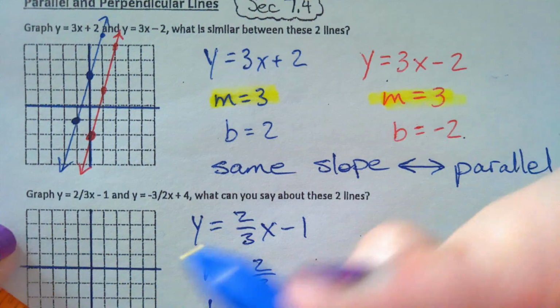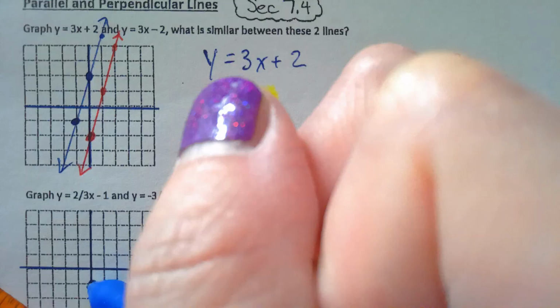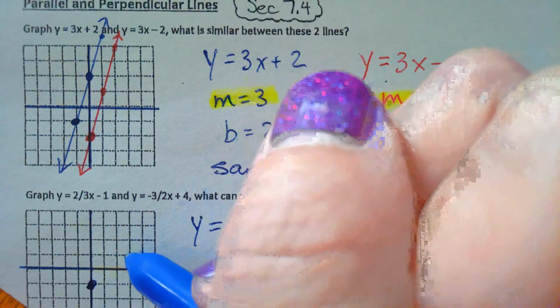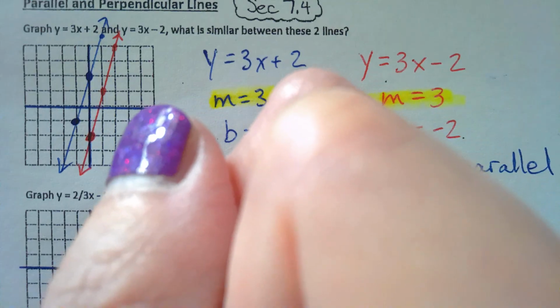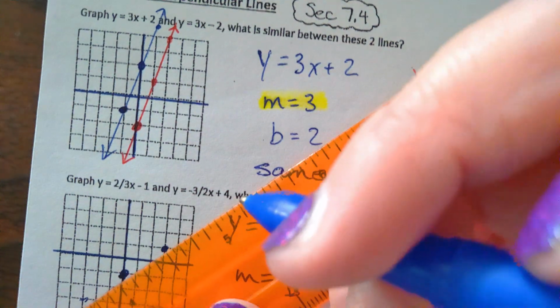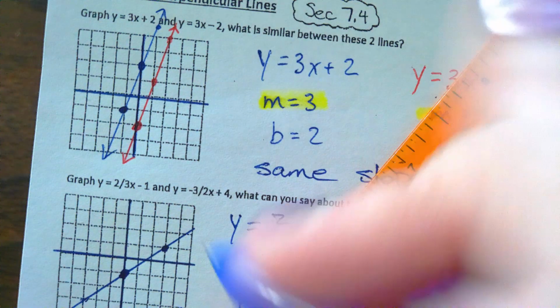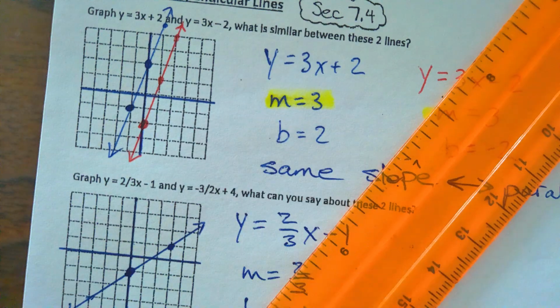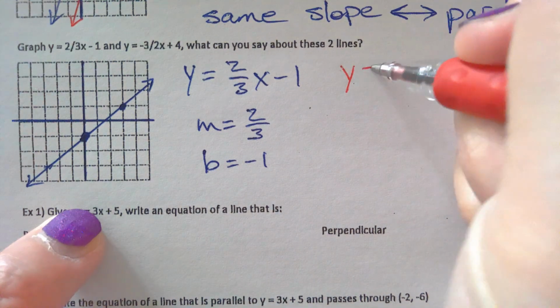Negative 1, and then my slope is 2 over 3, so up 2, 3 to the right. And I get this line. That's how fast it should take you to draw the line.